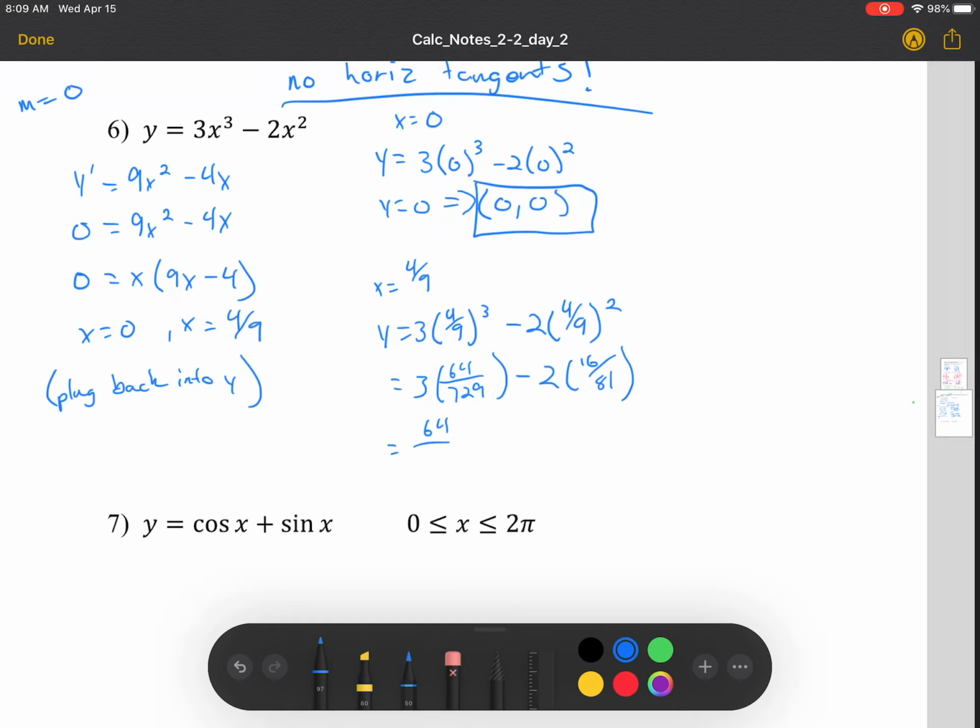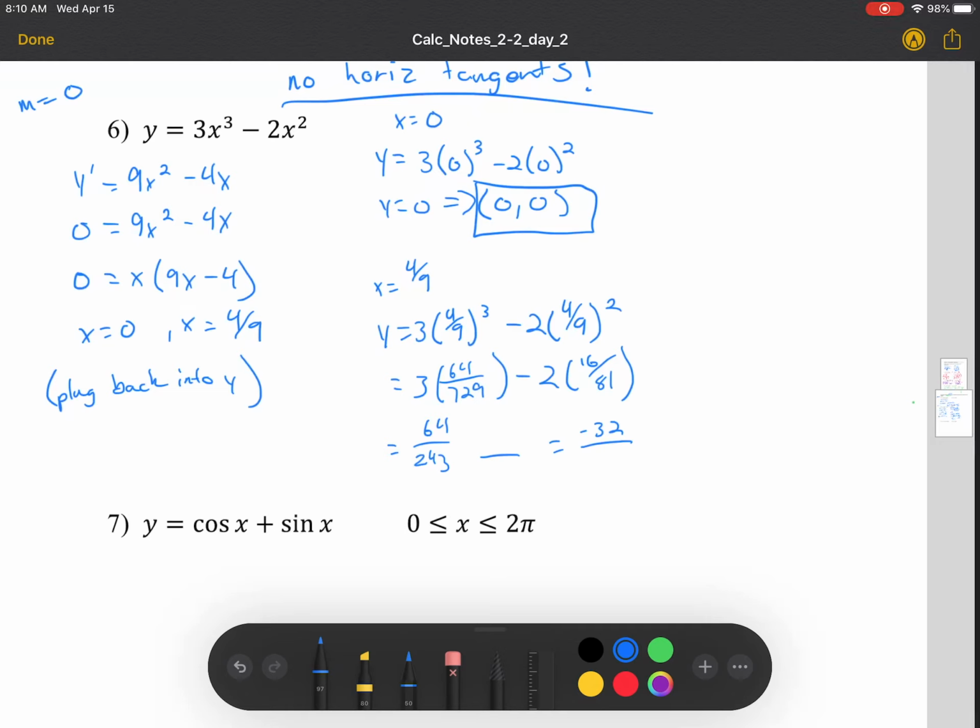And we're going to simplify this to 64 over 243 minus 32 over 81, which equals negative 32 over... oh wait, I messed up here. That's right, these numbers. Okay.